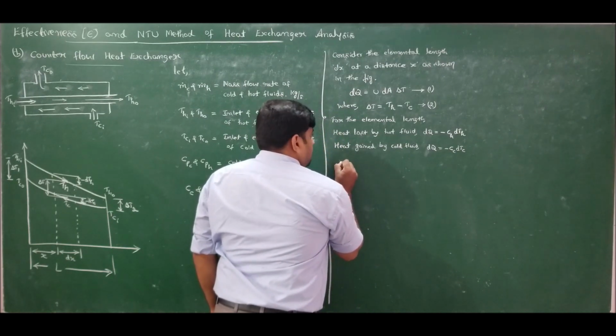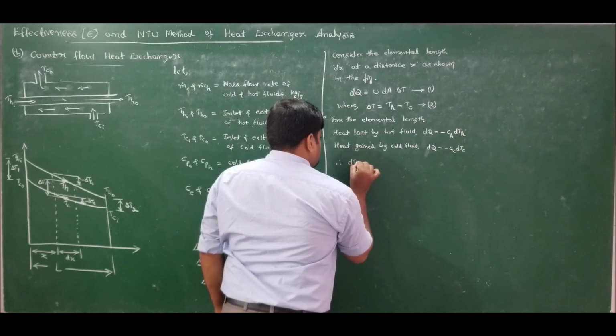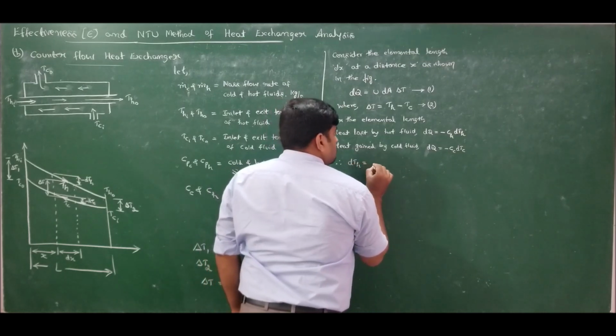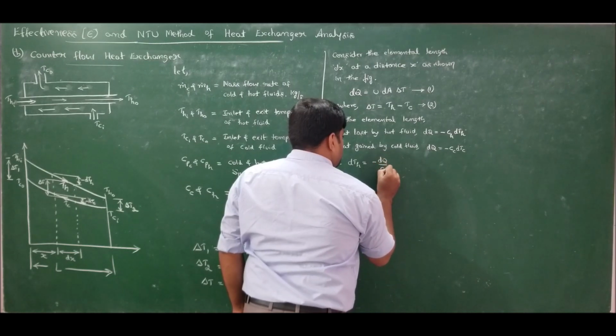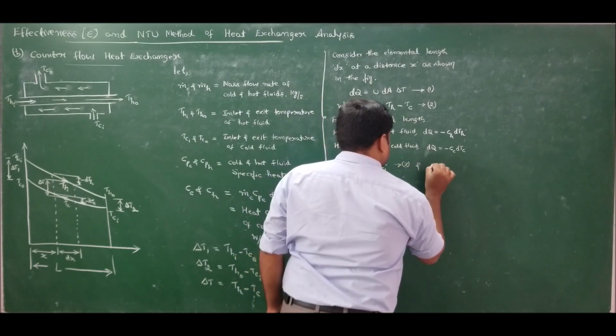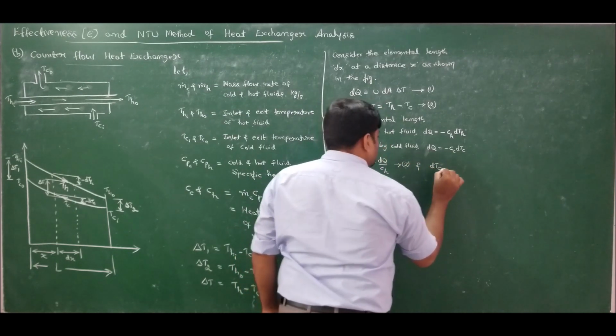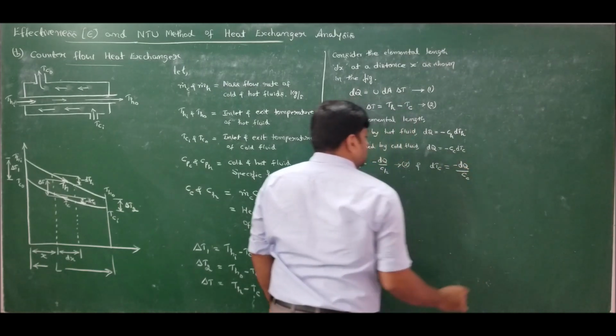Therefore, what can I write for dTh and dTc? dTh can be written as minus dq by Ch. Take it as equation number 3. And dTc is minus dq by Cc.